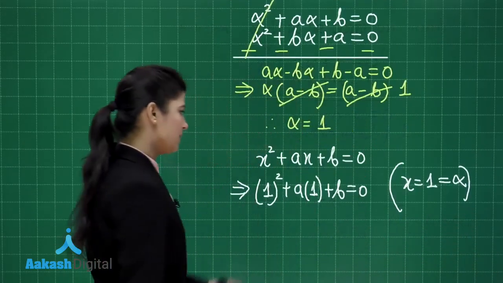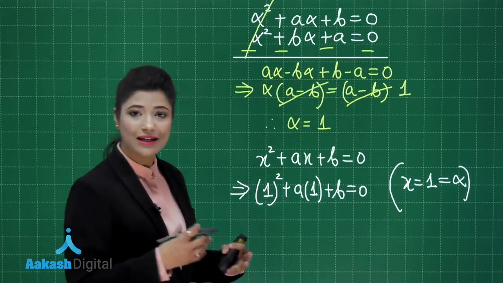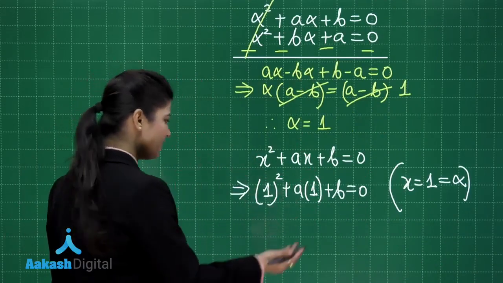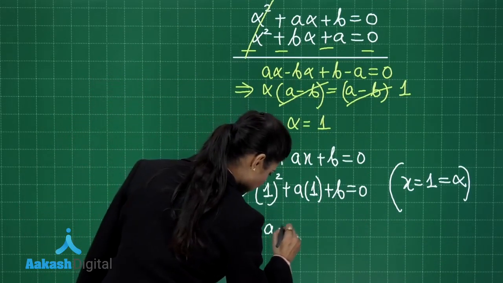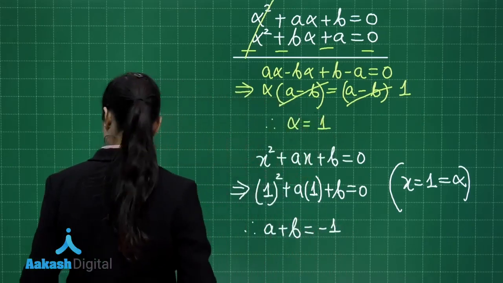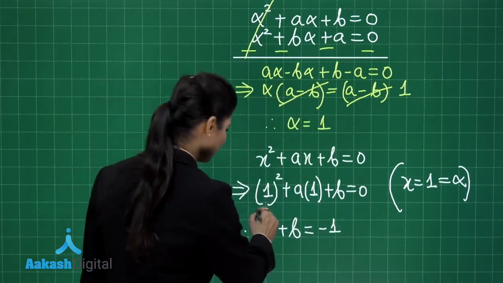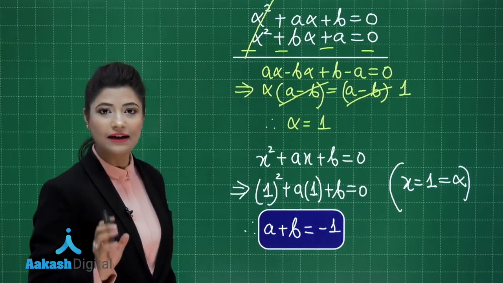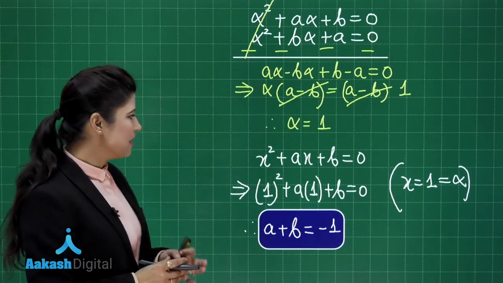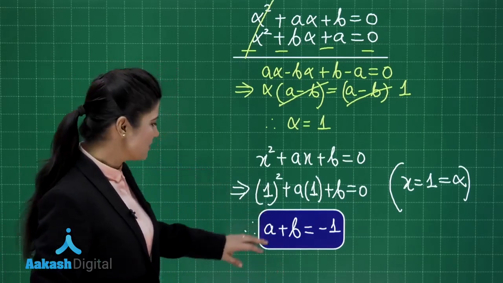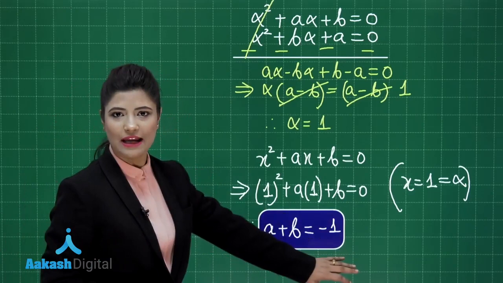Alright. So in this case it clearly satisfies, and you get the equation 1 plus a plus b equal to 0. If I transpose 1 to the other side, I get a plus b equal to minus 1. So whenever we have a common root for both given equations, this is the condition which is satisfied.